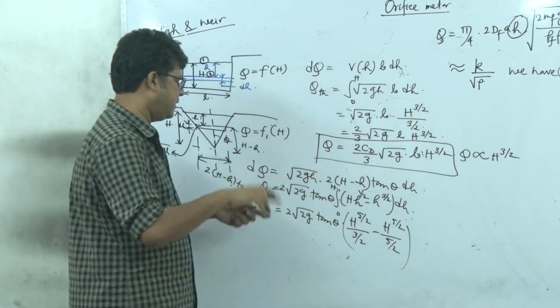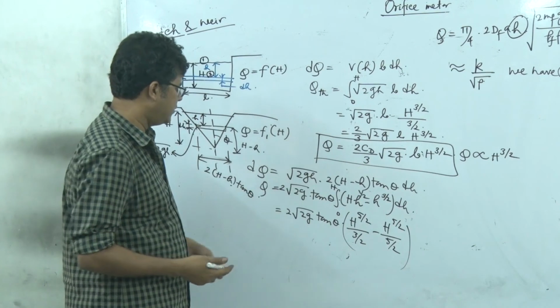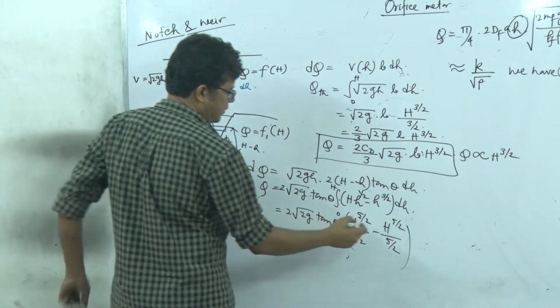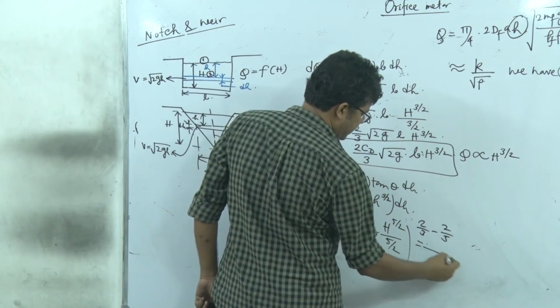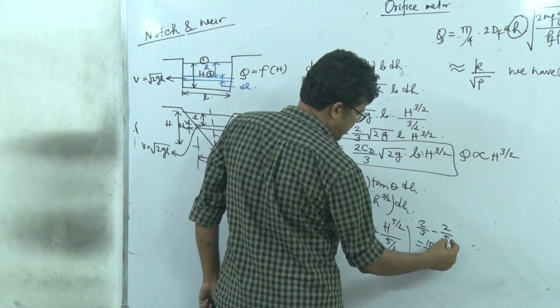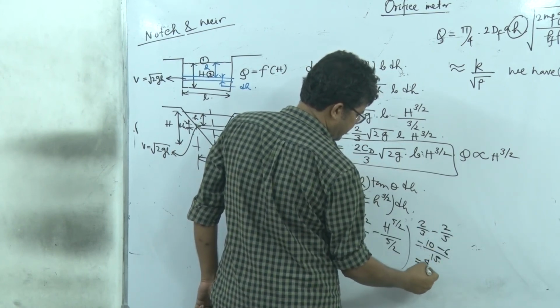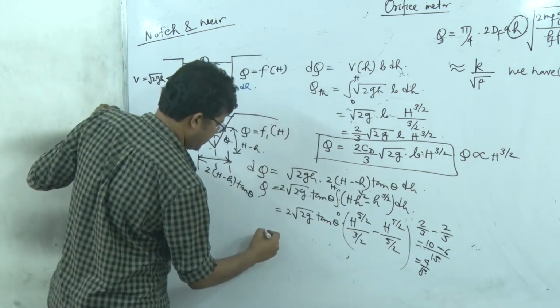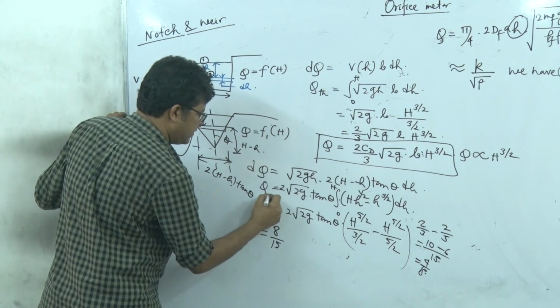So it is 1 by 3 minus 1 by 5, so this is 2 by 3 minus 2 by 5. So how much will it be? 10 minus 6, so it will be 4 by 15, and additionally we have 2. So it is 8 by 15, and this is the theoretical flow rate.